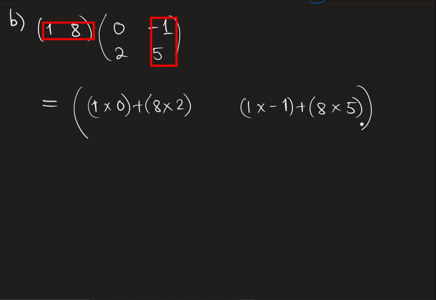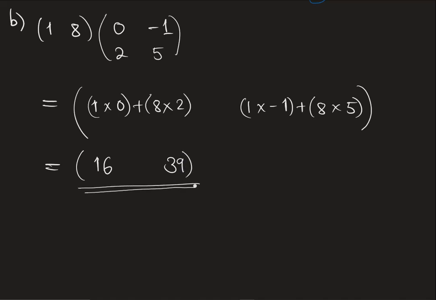That's the end. What remains is simplifying. We have a 0 there, so we just focus on the other number, which is 16. We have -1 plus 40. So that's just 40 minus 1, which is 39. So this is our solution.